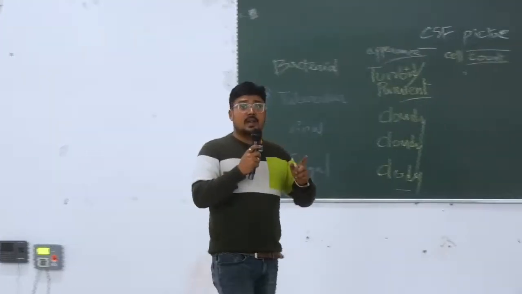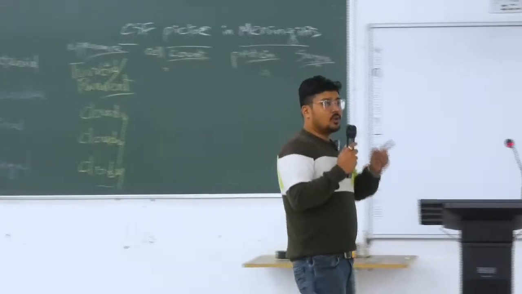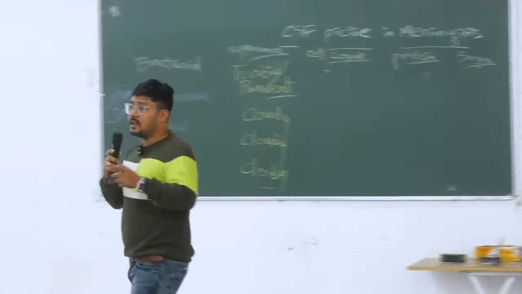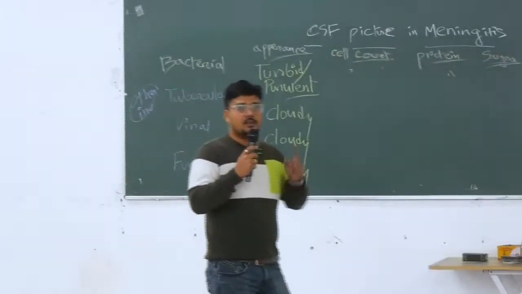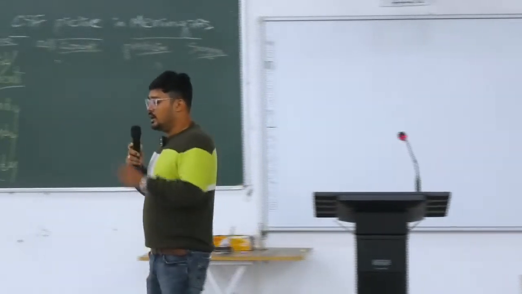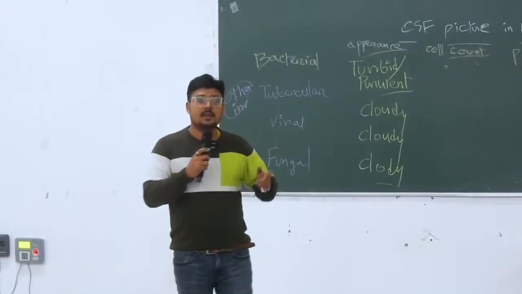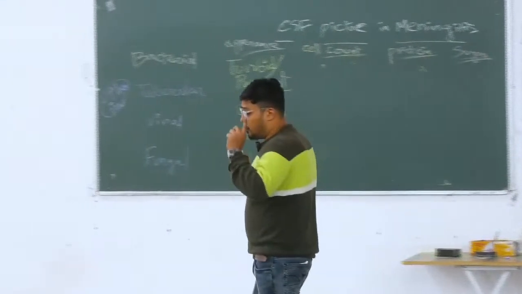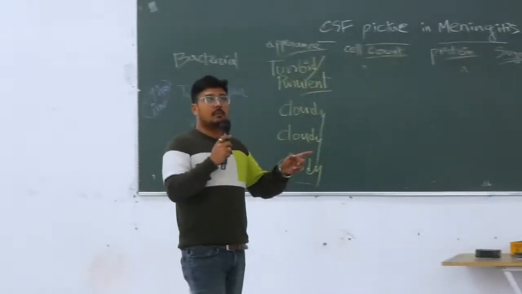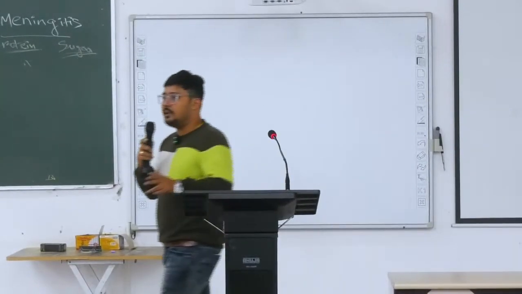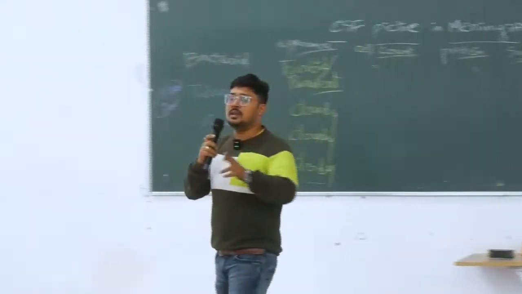So in any kind of meningitis, the amount of protein present in CSF will be more, and anything more than 50 is suspicious or pathognomonic. A protein count up to 150 milligram per dL, that is 2 to 3 times the normal range, is invariably due to meningeal involvement or increased vascular permeability.